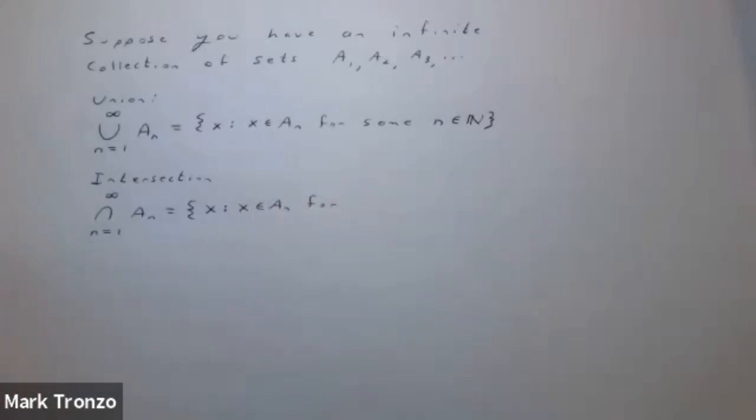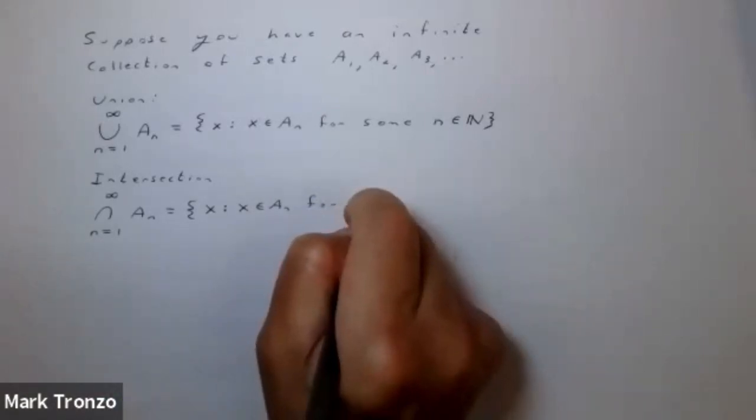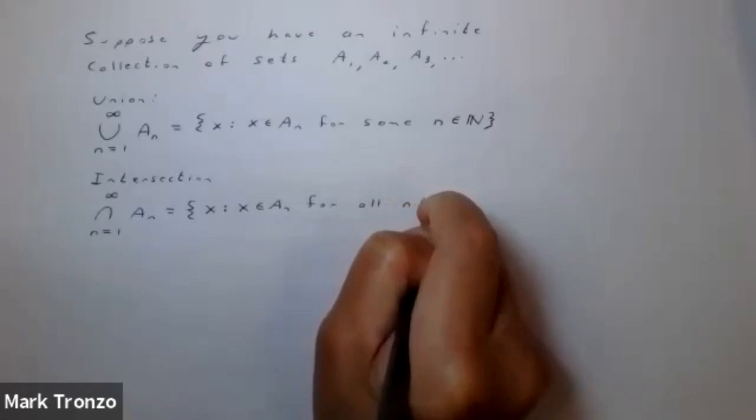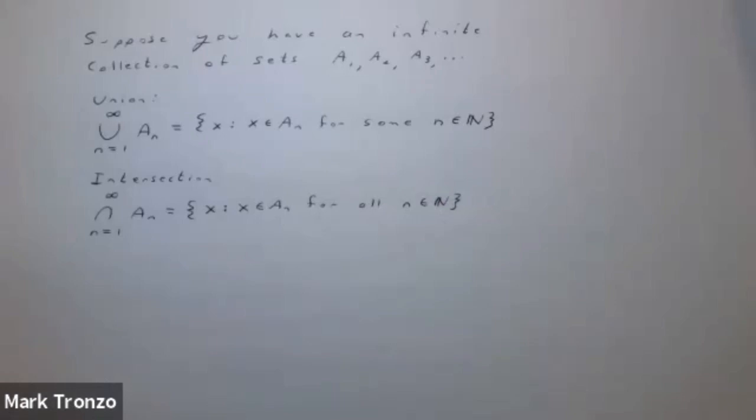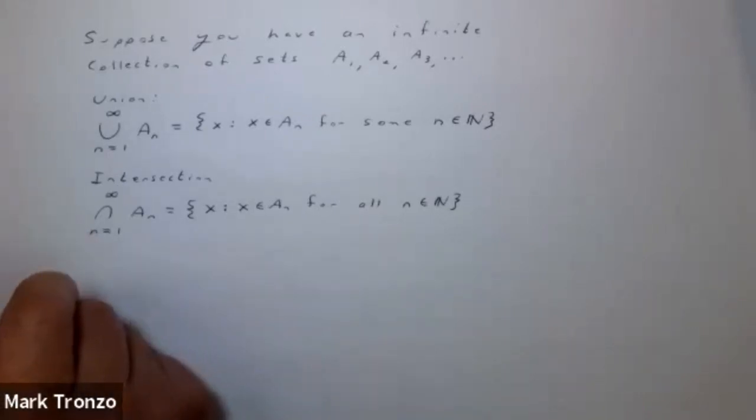So if you can guess, if you're intersecting an infinite number of sets, it's going to be for all n in the natural numbers. So something like that. I'm not sure if we're going to get into these kinds of sets too much in this course.